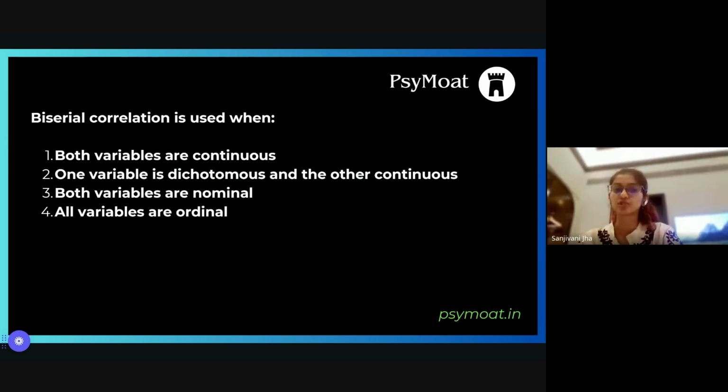Biserial correlation is used when both variables are continuous, one is dichotomous and the other continuous, both variables are nominal, or all variables are ordinal. Yes, so biserial correlation actually has one variable as dichotomous and the other variable as continuous. Can you tell me how it differs from point biserial? What is different in point biserial?